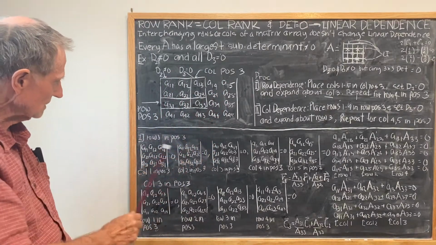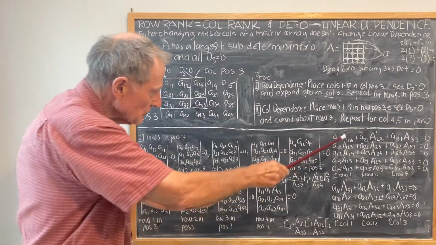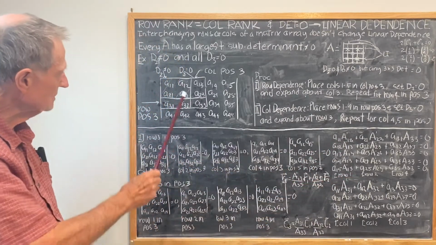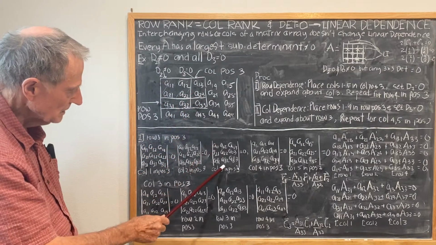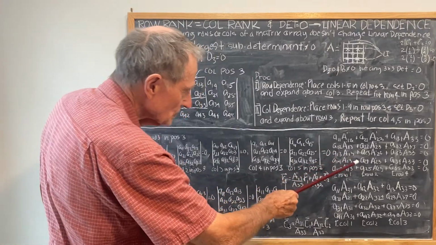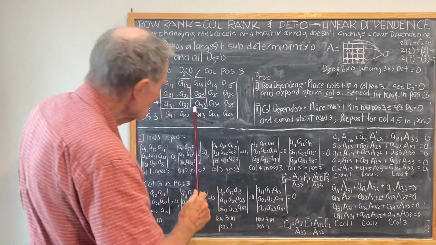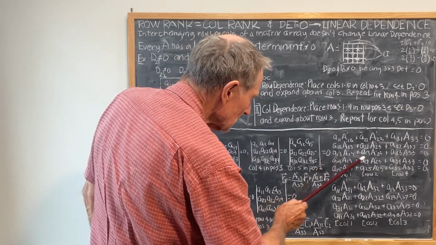All of what I've done here, I've actually taken the trouble to spell it out and write out all the equations. For example, this determinant with the A13, A23, A33 is here, and that's the third equation here, which shows that A33 is a linear combination of A13 and A23.